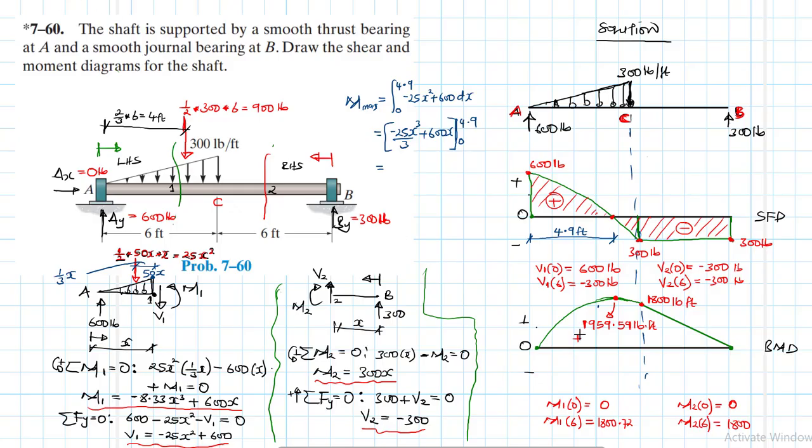The moment here is maximum and positive. So let me just give it a minor shading like so. We say this value is 1959.59. Let me just check it again: 25 by 4.9 cubed divided by 3 plus 600 by 4.9. Right, 1959.59.